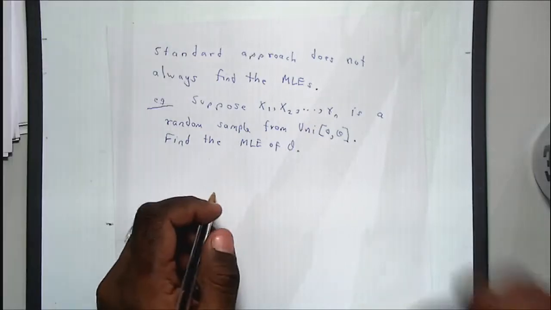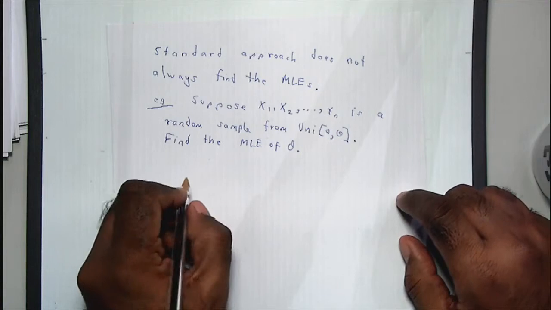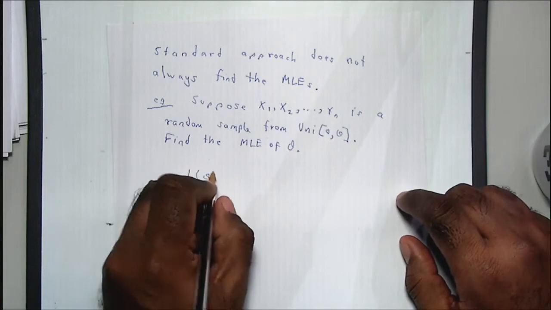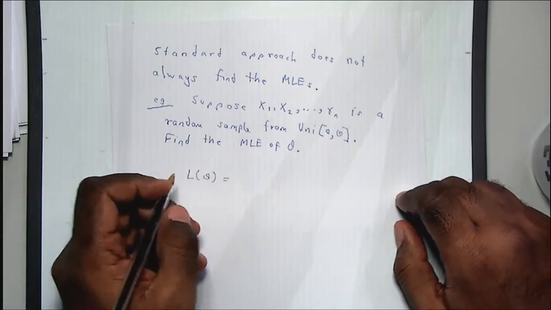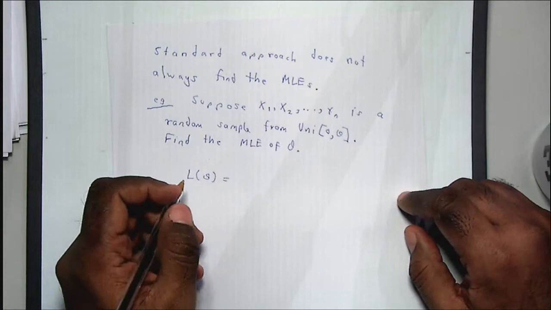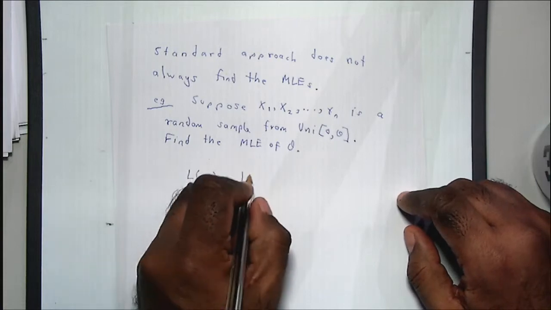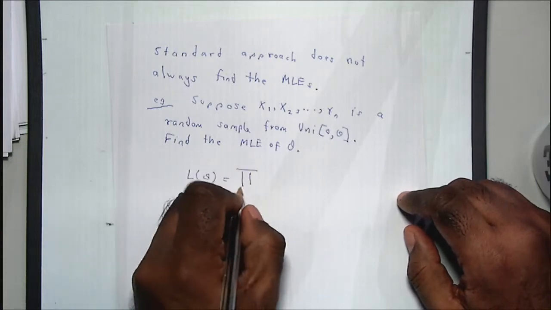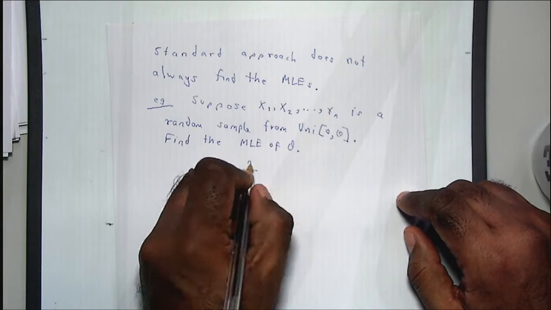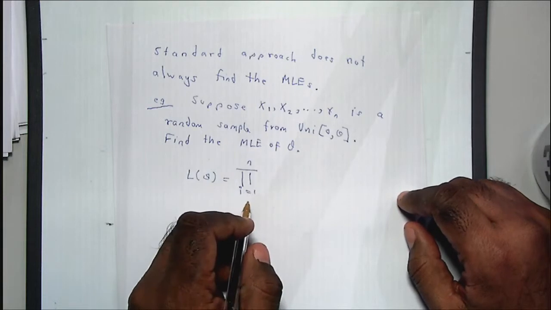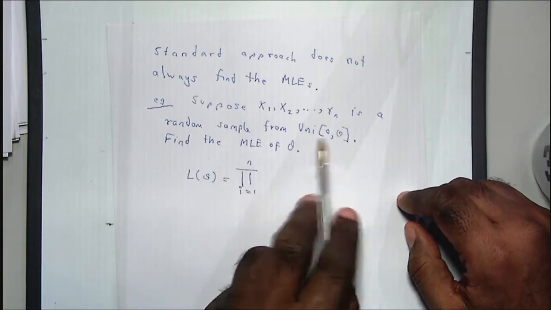Now, if you have to use the standard approach, first of all, we need to write down the likelihood function, which is the product of the density functions. Now, what's the density of the uniform, guys?